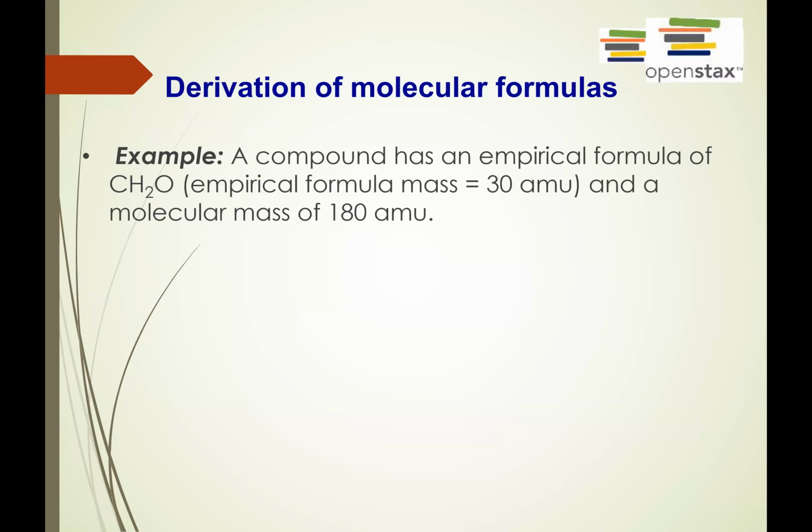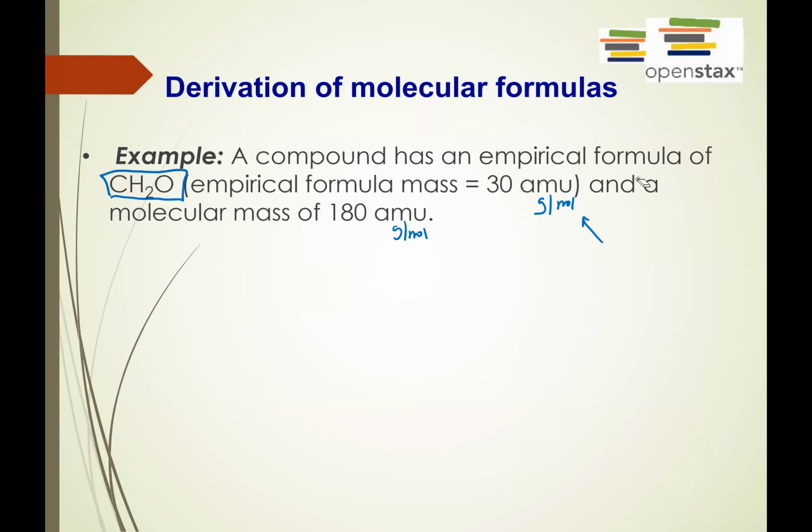A compound has an empirical formula of CH2O. The molecular mass is 180. Again, when we see AMU, AMU also means what? Grams over moles, right? This is straight from the periodic table. AMU is 1 atom, and this is a mole, right?